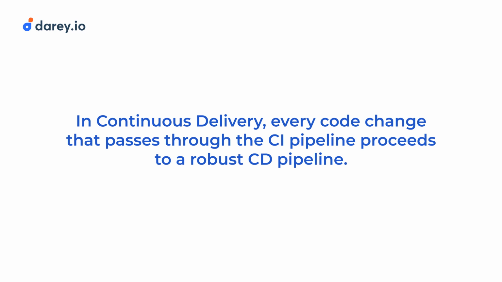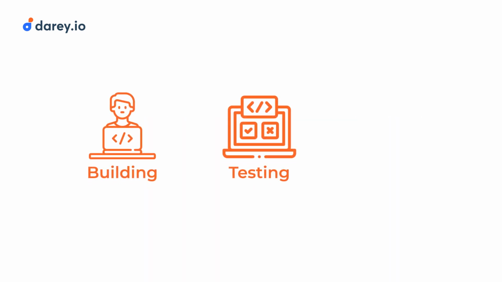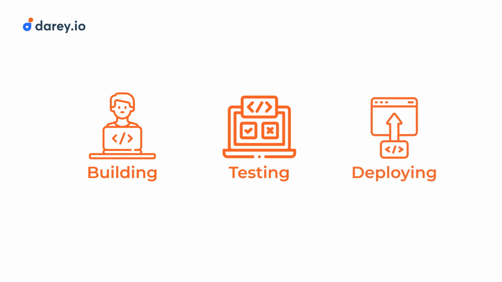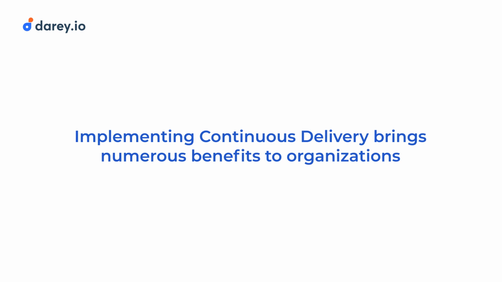This pipeline involves repeating the building and testing, and then adds the deploying stage to the pipeline to deploy the application to different environments, such as staging or pre-production, to ensure that the software remains stable and ready for a release.